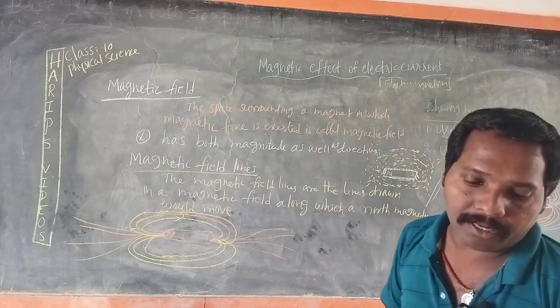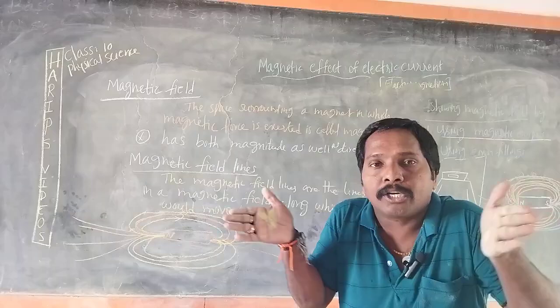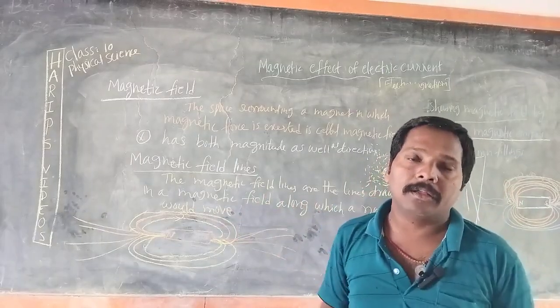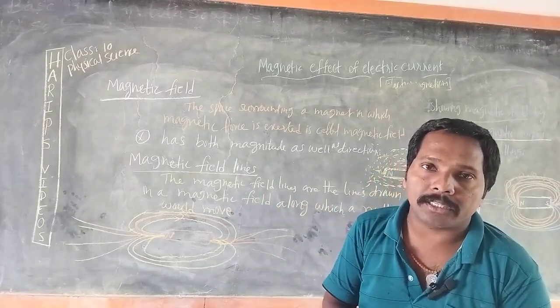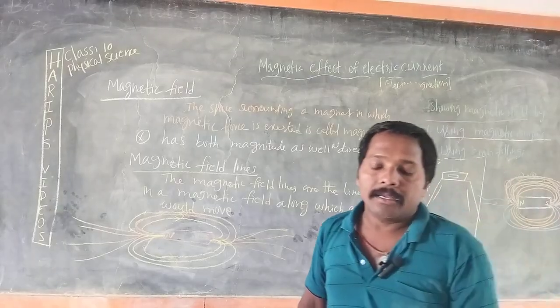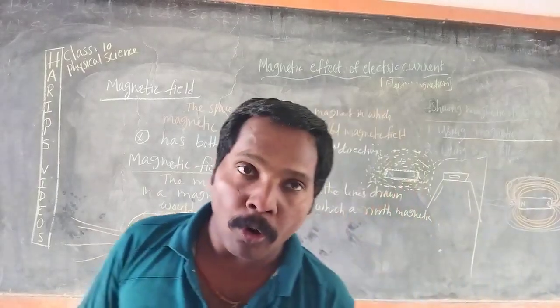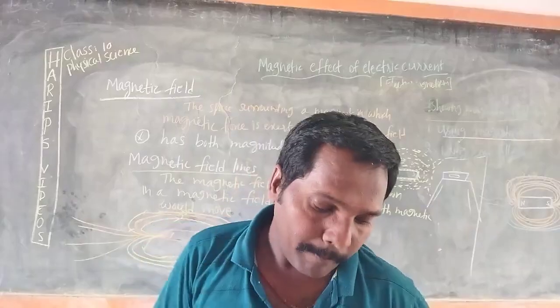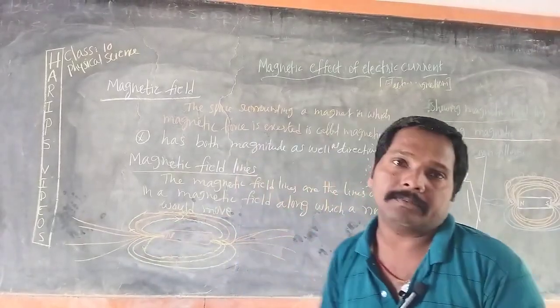So if the magnetic field lines are very close to each other, then the magnetic field strength is more. It has more magnetic field strength.